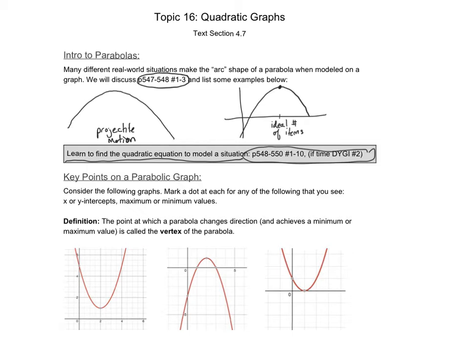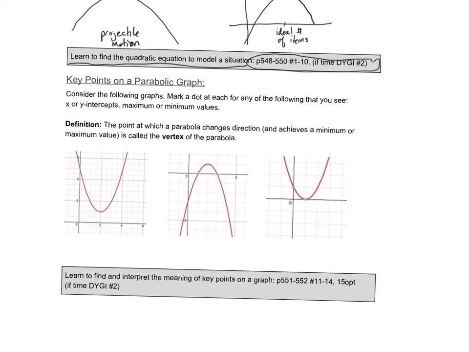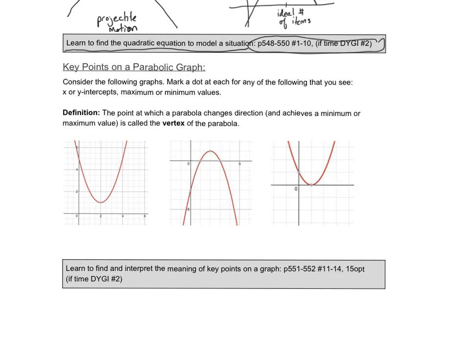Okay, now that you've worked through those problems in the book, it's useful to talk about some key points on a parabolic graph, in other words, on a parabola. So let's take a look at the following graphs. On each of the following graphs, I'm going to mark the x-intercepts to begin. On the first graph, there is no x-intercept because you can find the x-intercept by looking at where the function crosses the x-axis.